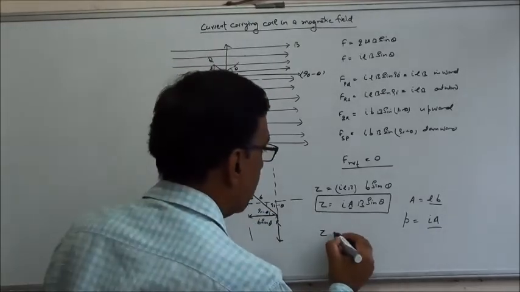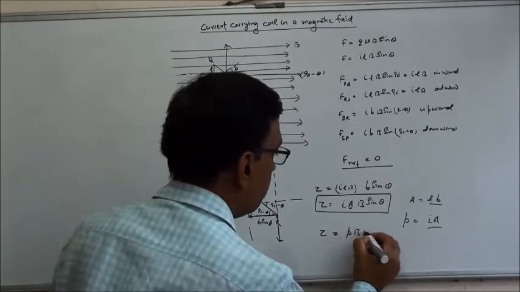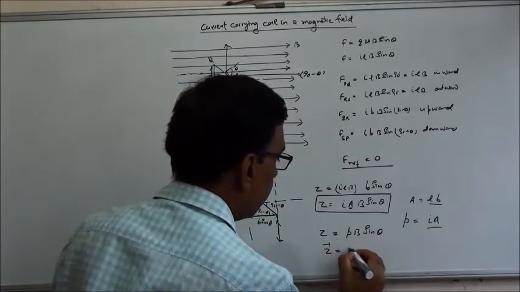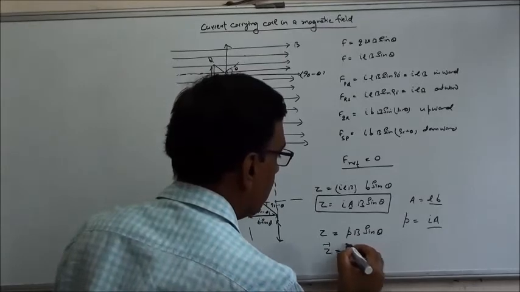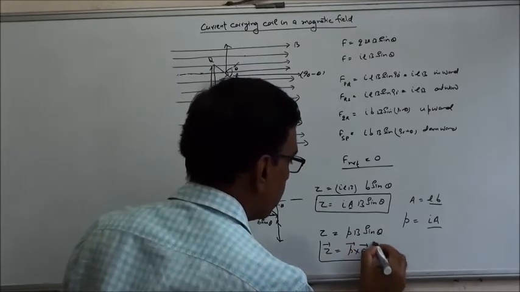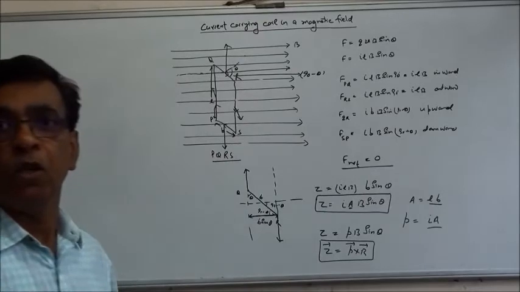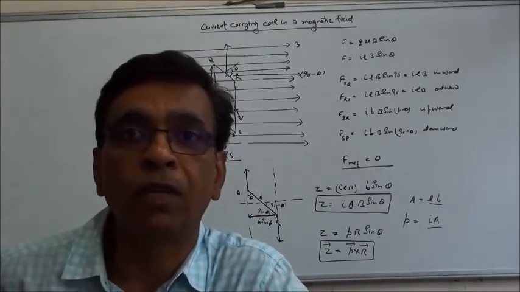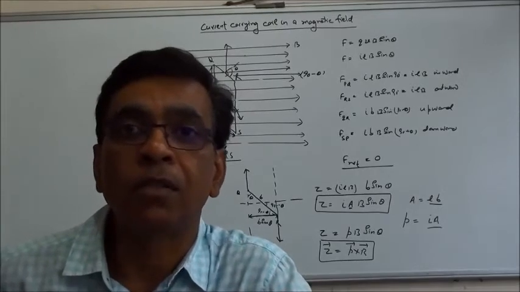So this can be written as PB sin theta, or in vector form I can write it P cross B. So whenever a current carrying coil is placed in the magnetic field, it experiences a torque.